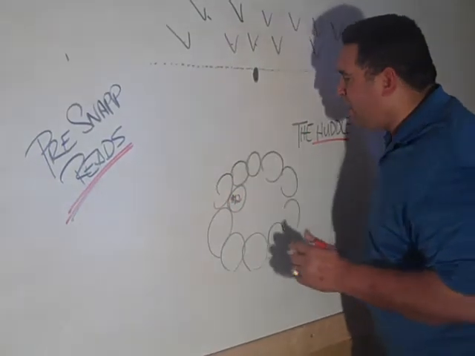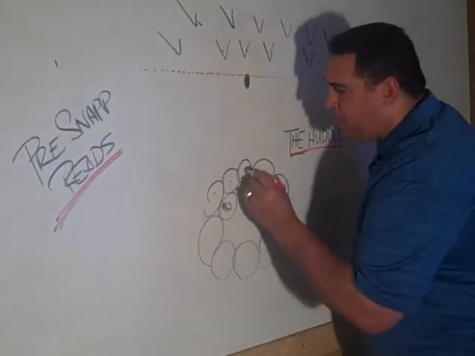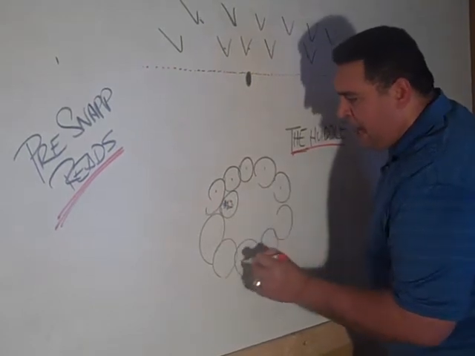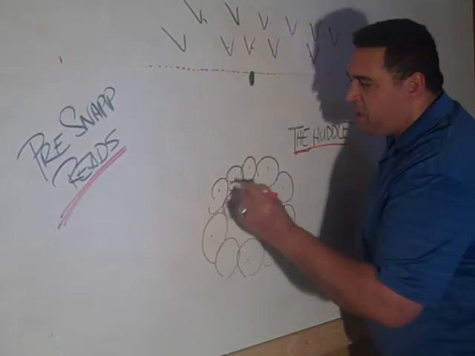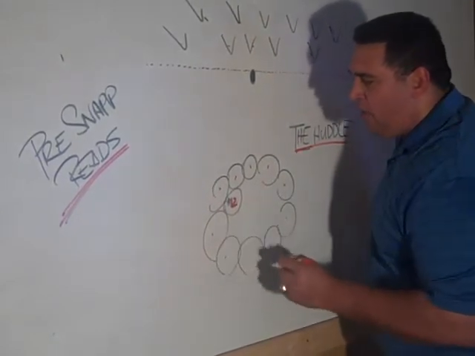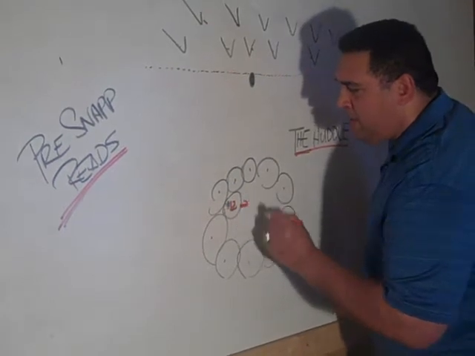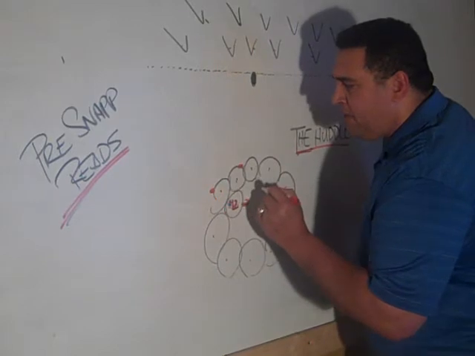The first thing is called the pre-snap read. Now you have all the Patriots in the huddle, and they're listening to Tom Brady call the play. But each of these ball players, if they aren't students of the game, don't know that on certain plays they will do something. They'll move their arm. They'll move their leg.